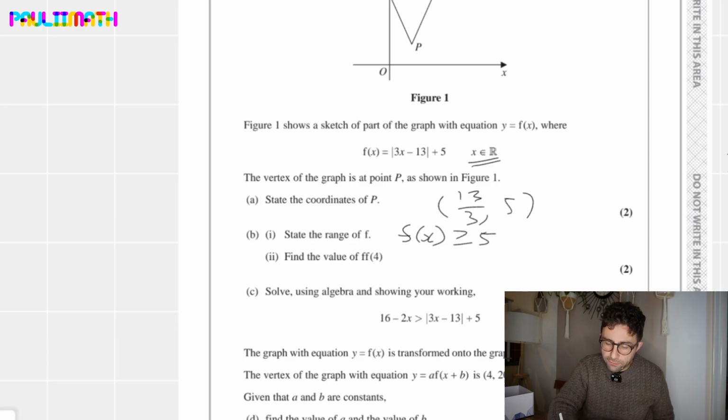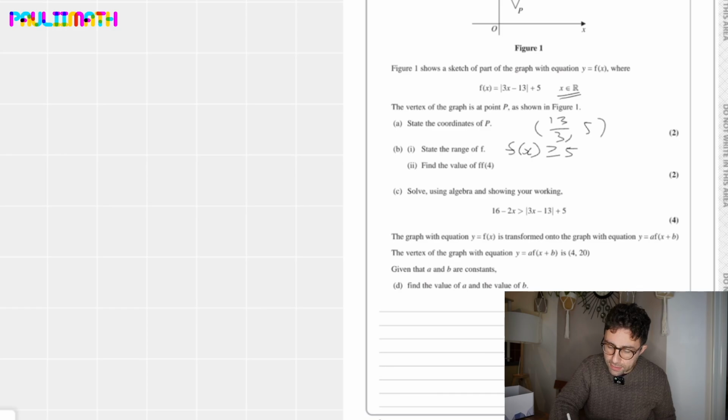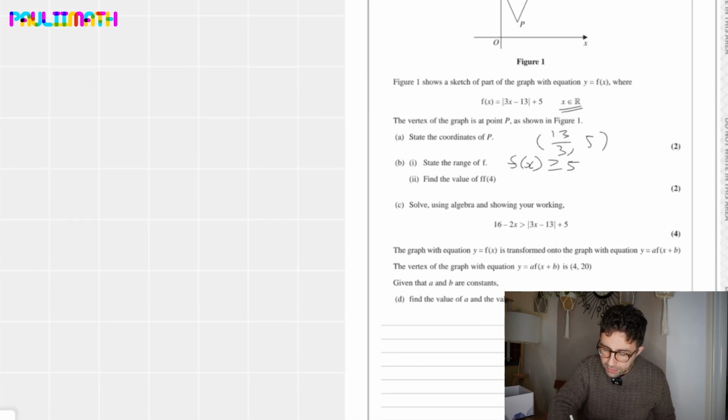Find the value of f of 4. Well, we'll use a little bit of working area here. F of 4, just put it in. Could I do it in my head? You never know. It looks like you'd have 12 minus 13, absolute value, plus 5.